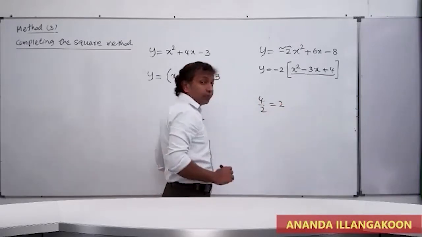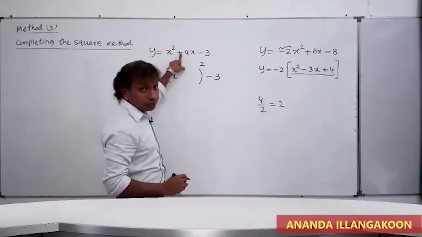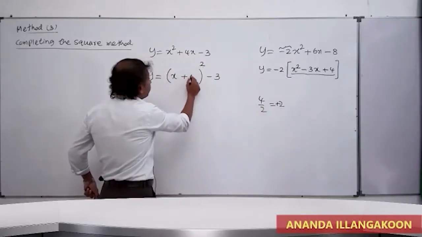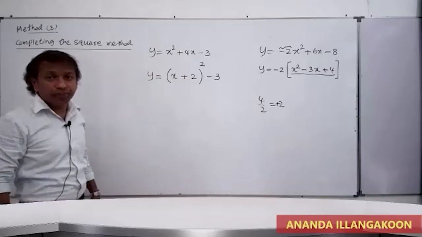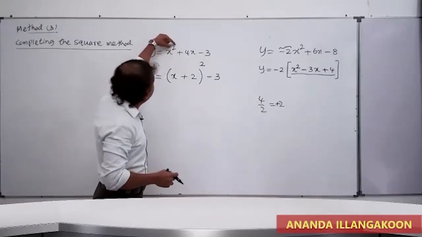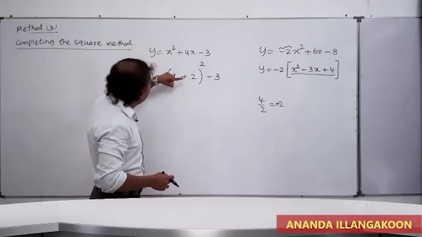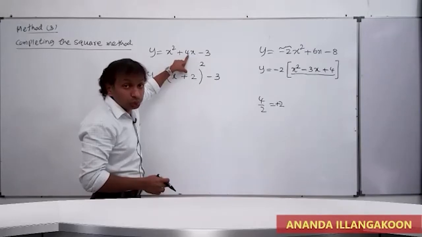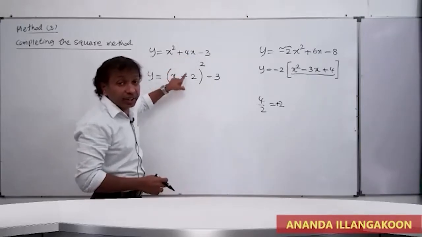We get 2, people. Here the sign is plus, no? Then we get plus 2. Put that 2 here. So within the bracket, from the x squared, without the square, only x. Next, divide this coefficient by 2, then write it with the sign.